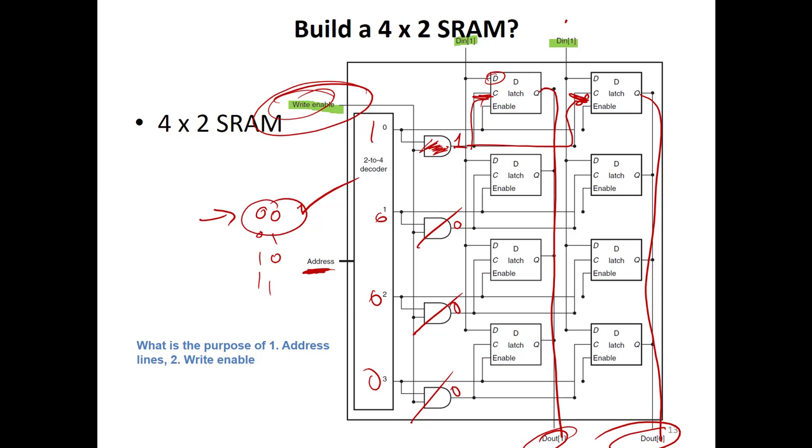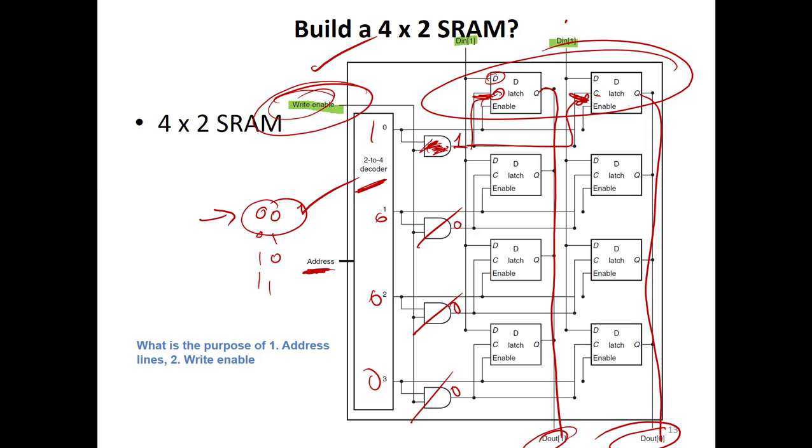But that is the data that will be written to our latches. And it will be written only when the C input goes from 0 to 1. And the C input will go from 0 to 1 only when the 2 to 4 decoder has selected the correct bank, and we also have the right enable.